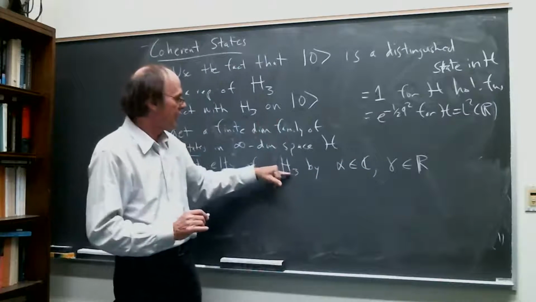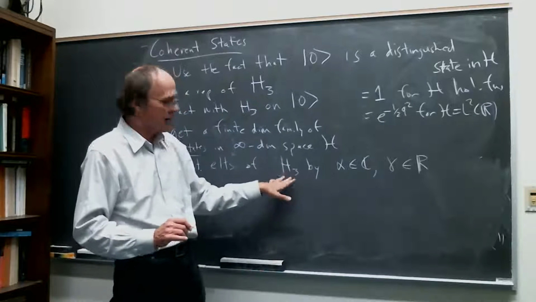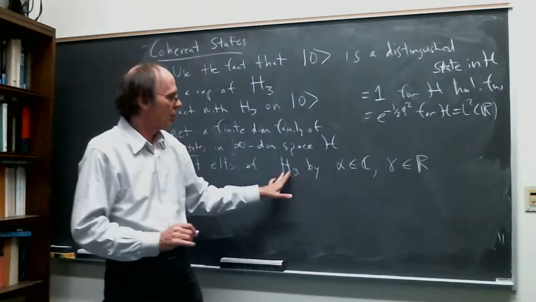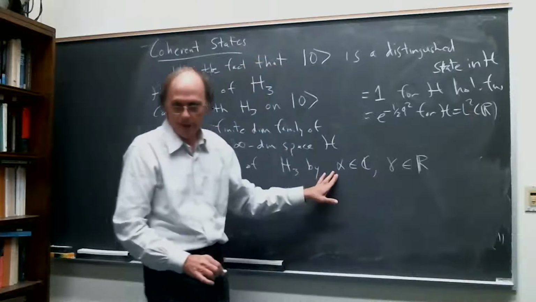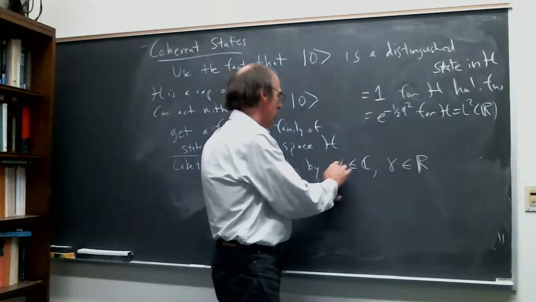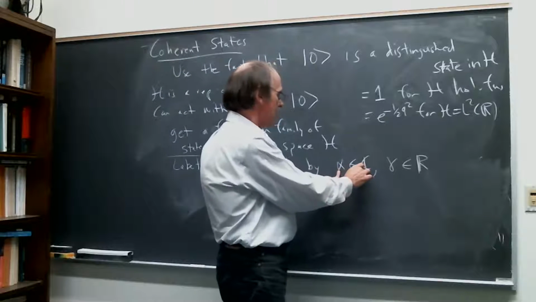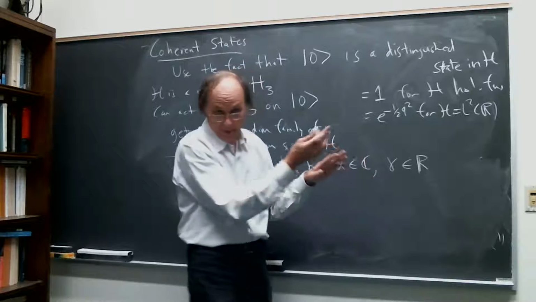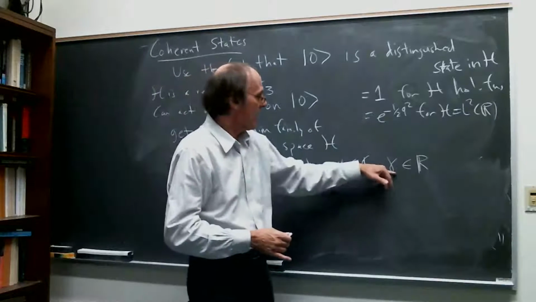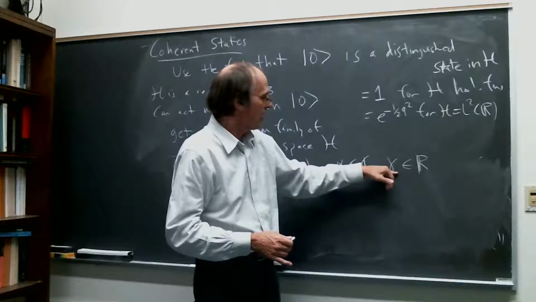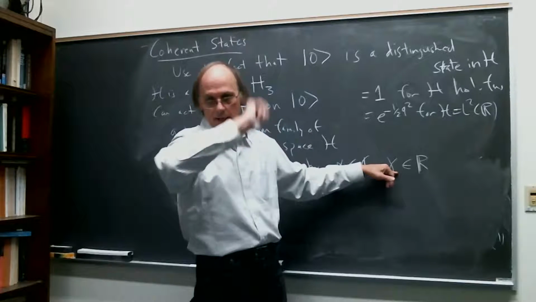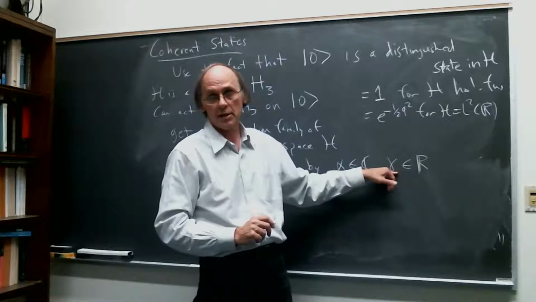I won't go through the details, but this is a three-dimensional space, and if you want to put local coordinates on it, you can locally choose a complex number alpha for two of the coordinates in the phase space, and you can choose a gamma for the central direction, the one that moves in the central direction.